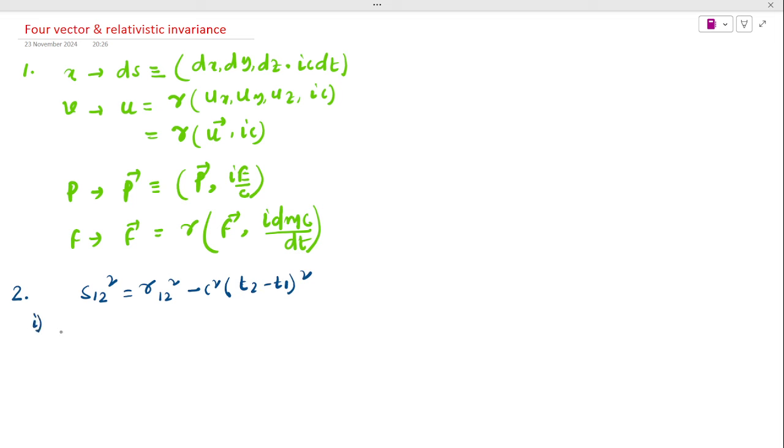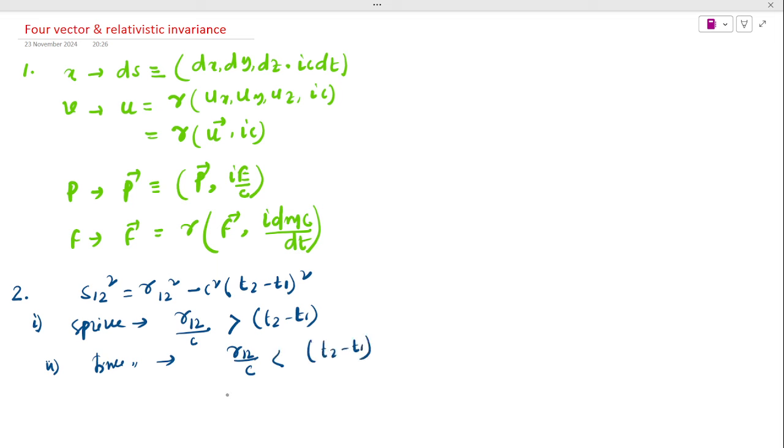For space-like interval, this condition holds: r₁₂/c is greater than or equal to t₂ minus t₁. For time-like, r₁₂/c is less than t₂ minus t₁.